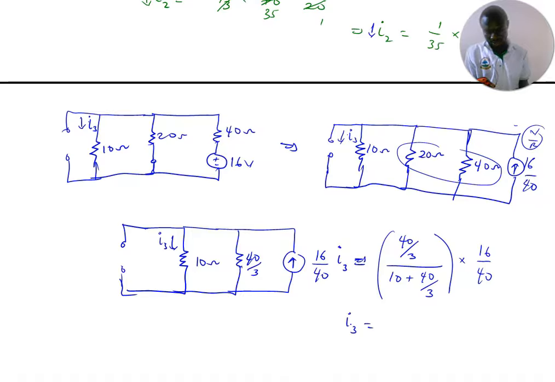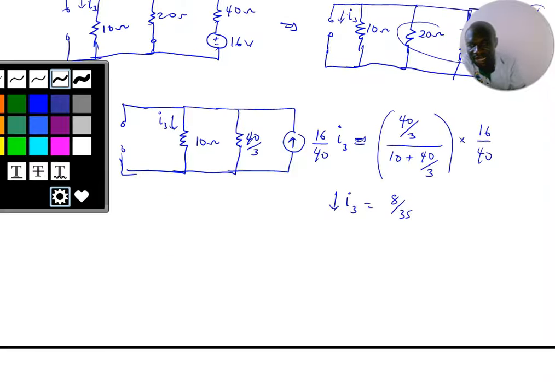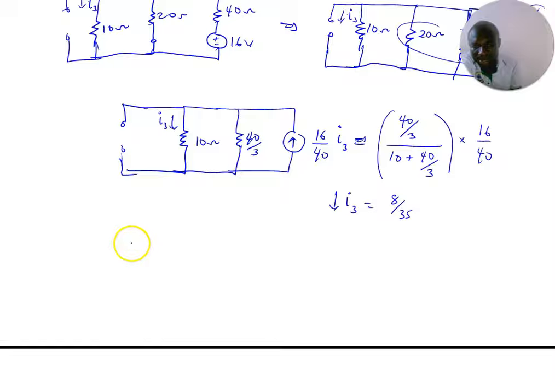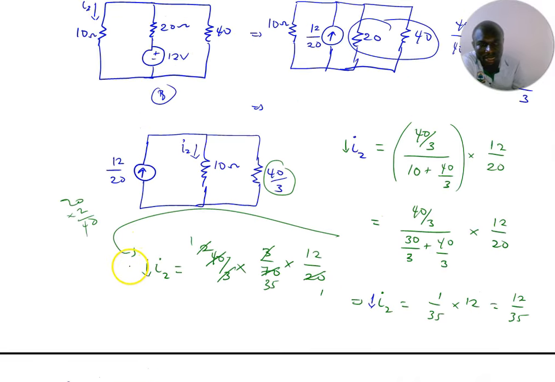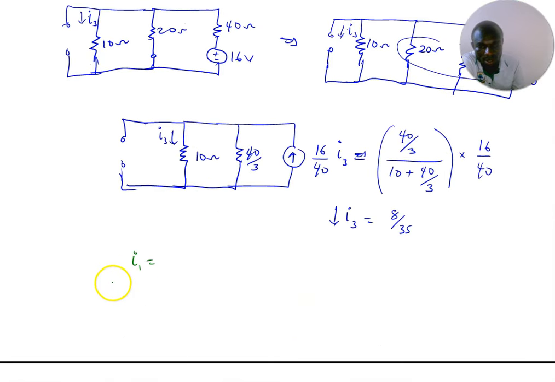So at the end, what do I get? I'm going to get I3 to be 8 on 35. And that one is also moving downwards. So if you analyze this, what is I1? I1 is moving downwards, and I1 was equal to 12 on 7.